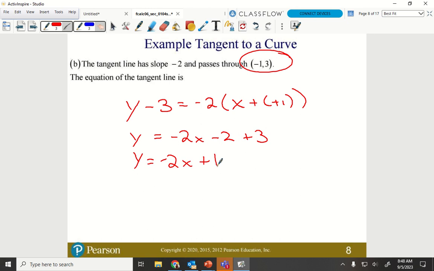So this is the equation of the tangent line. Yeah, I'm running out of ink here.